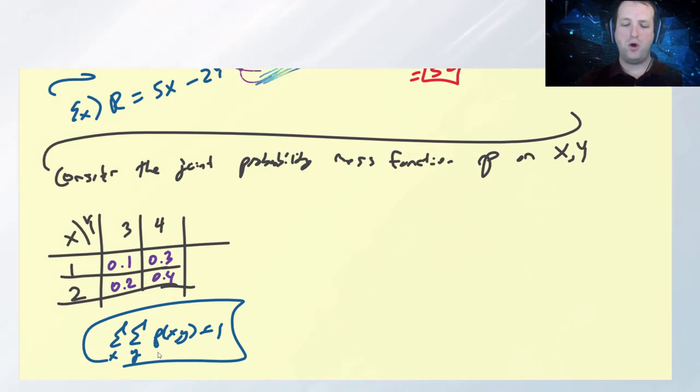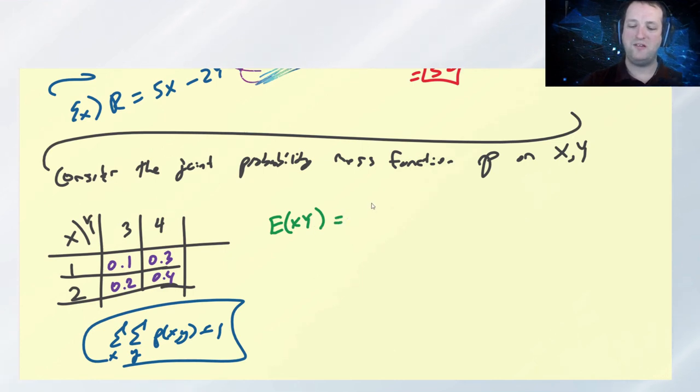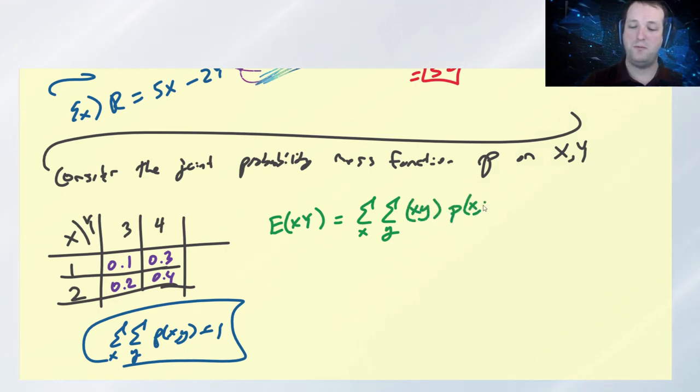All right, so let's calculate what we call the product moment, this E of XY term. By definition, this is the sum across all x, the sum across all y, of the product of x and y times the joint probability mass function evaluated at that point.